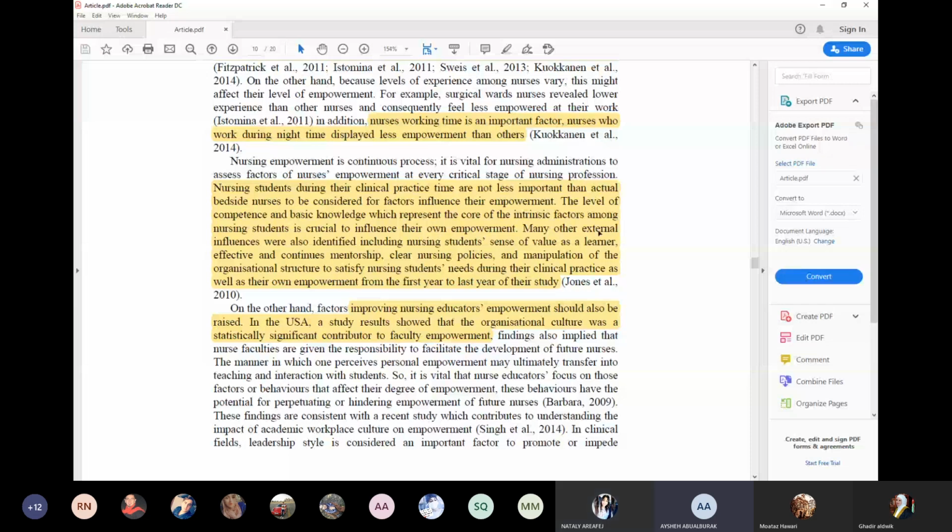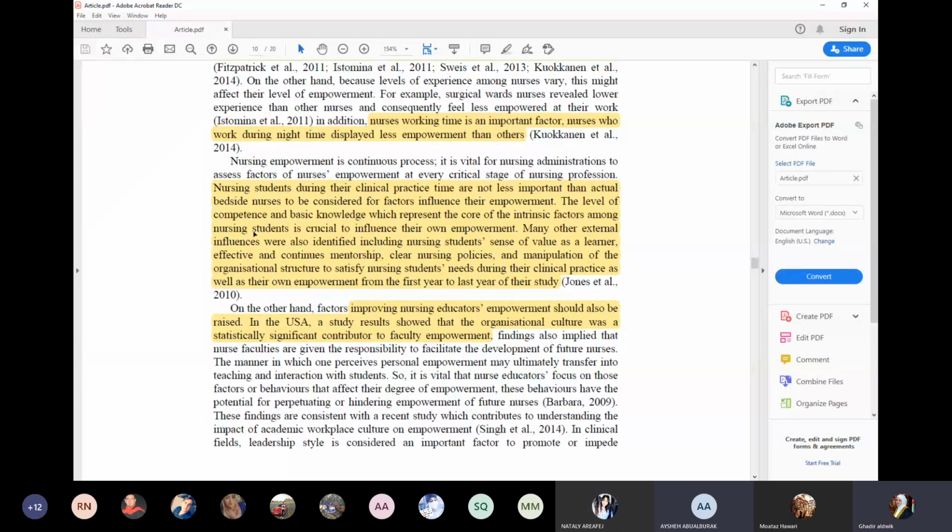Many other external influences were also identified, including nursing students' sense of value as learners, effective and continuous mentorship, clear nursing policy, and manipulation of organizational structure to satisfy nursing students' needs during their clinical practice, as well as their own empowerment from their first year to last year of their study.